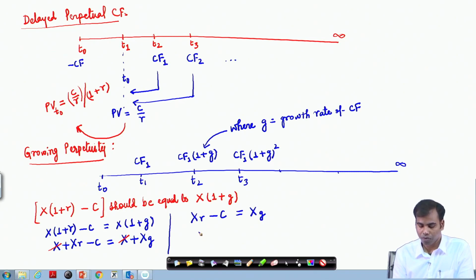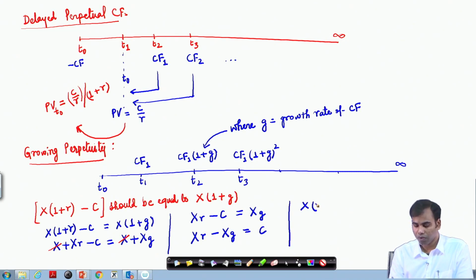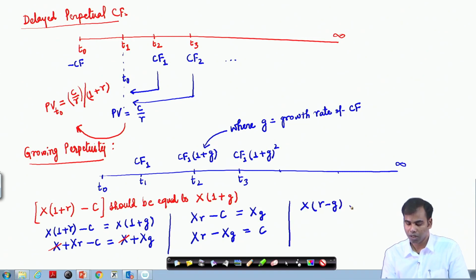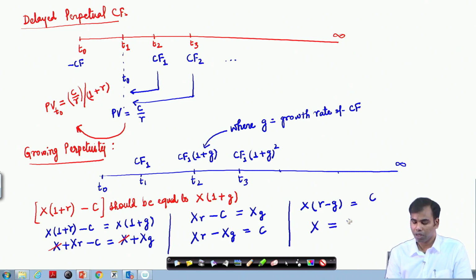So, if you bring the x factors on one side, you will have x r minus x g is equal to c, and to simplify it even further, you have x common outside, r minus g, and c.